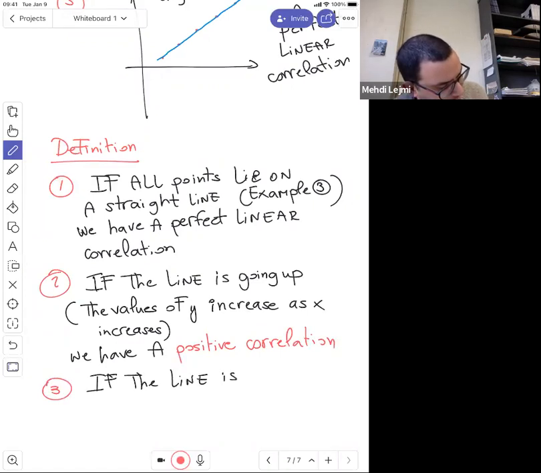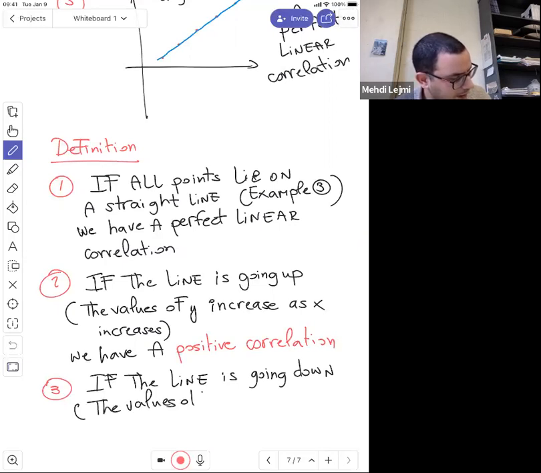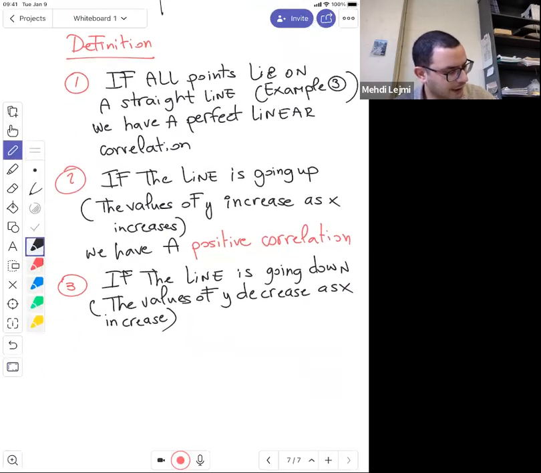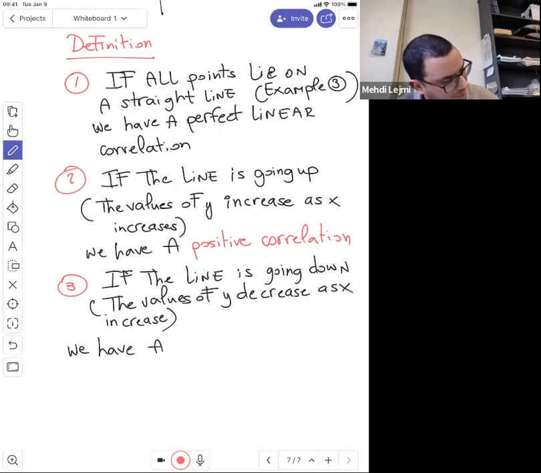If the line is going down, the values of Y decrease as X increases. Then we say we have a negative linear correlation.